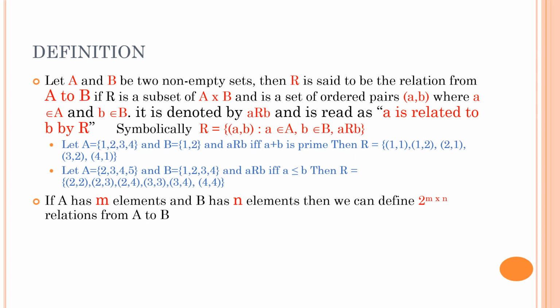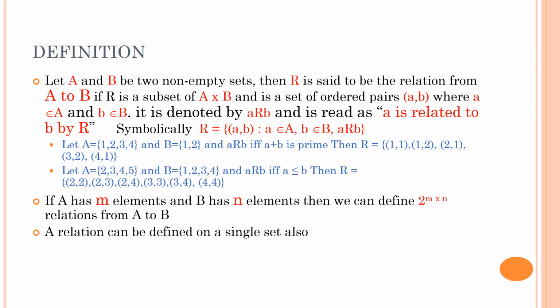We can define as many relations as there can be subsets of the Cartesian product. And if you remember the rule for power set, if the Cartesian product has a cardinality of m into n, there can be 2 to the power m into n relations from A to B. Similarly, there can be 2 to the power n multiplied by m relations defined from B to A.